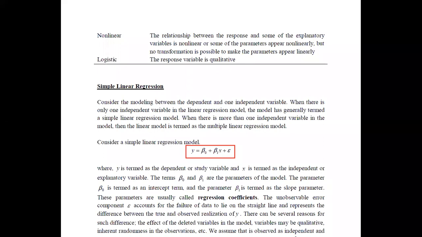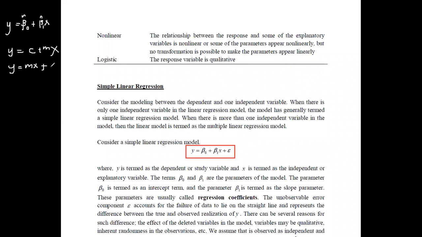If you fit this model, the error terms will be removed from the model. The fitted model, as an example, is y equals beta naught hat plus beta 1 hat x. Now you can see that this is somewhat equal to c plus mx, or if you rearrange the terms, it is in the form y equals mx plus c.